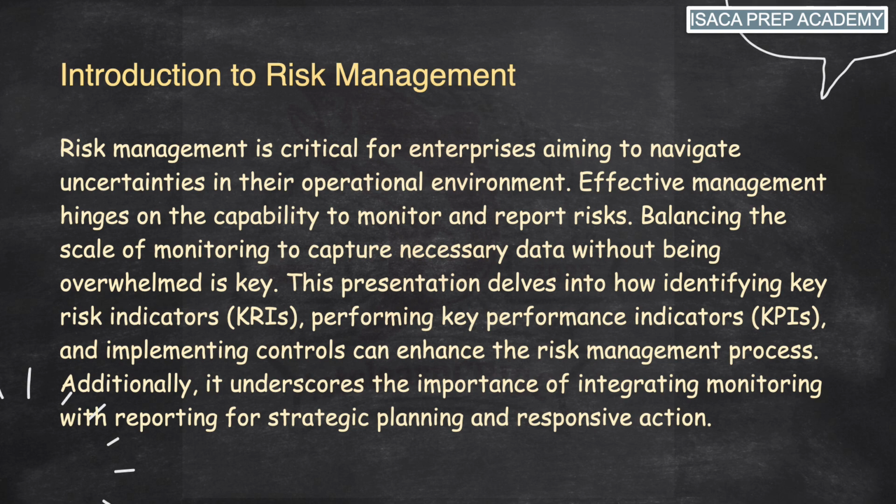Tools like key risk indicators and key performance indicators help them understand what's going on and how well they are doing. Think of key risk indicators as warning signs and key performance indicators as markers of success.